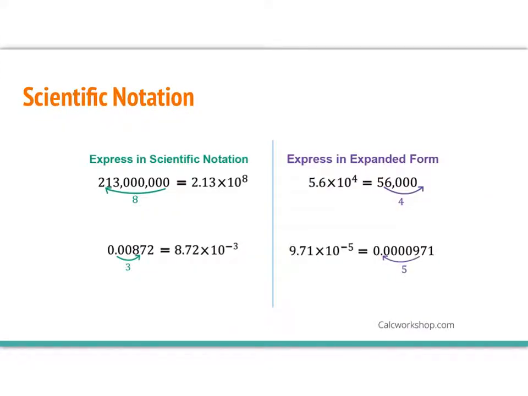All right, next is talking about scientific notation. So typically in physics, we write most of our numbers in scientific notation, like this, because it's easier for us to understand. Unfortunately, as humans, we are not the best at looking at big numbers and understanding what they mean. So as some reminders, when I move to the left, like in this one, that means I'm going to have a positive, but when I move to the right, I'm going to have a negative.